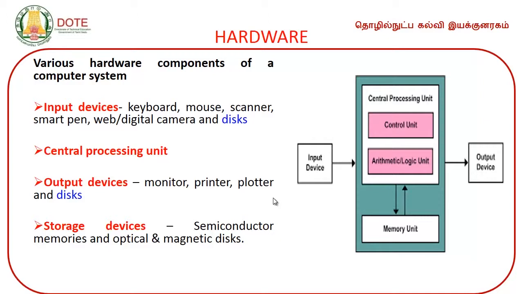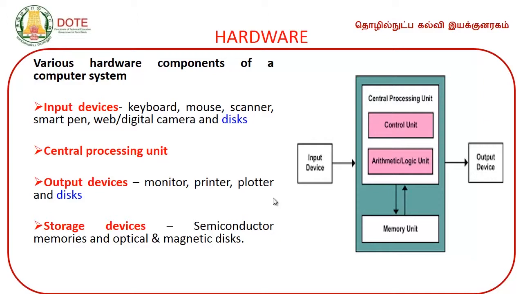We use the mouse to mark or point at something on the screen. Scanner can be used to input images. With a smart pen, we can draw on the screen and point, and cameras are used for video and image inputs. Also a disk can be used for input, that means the data can be read from the disks into the system. So, input means giving data into the system.